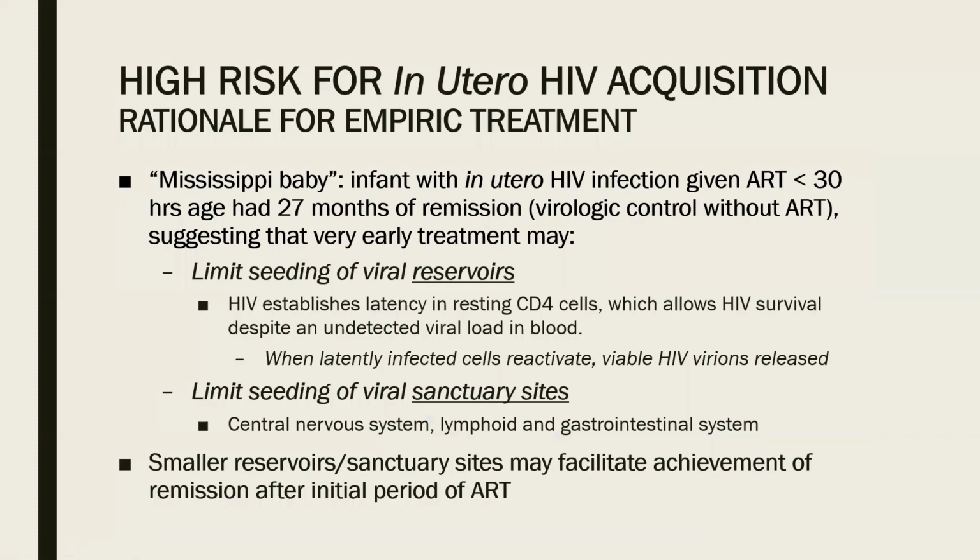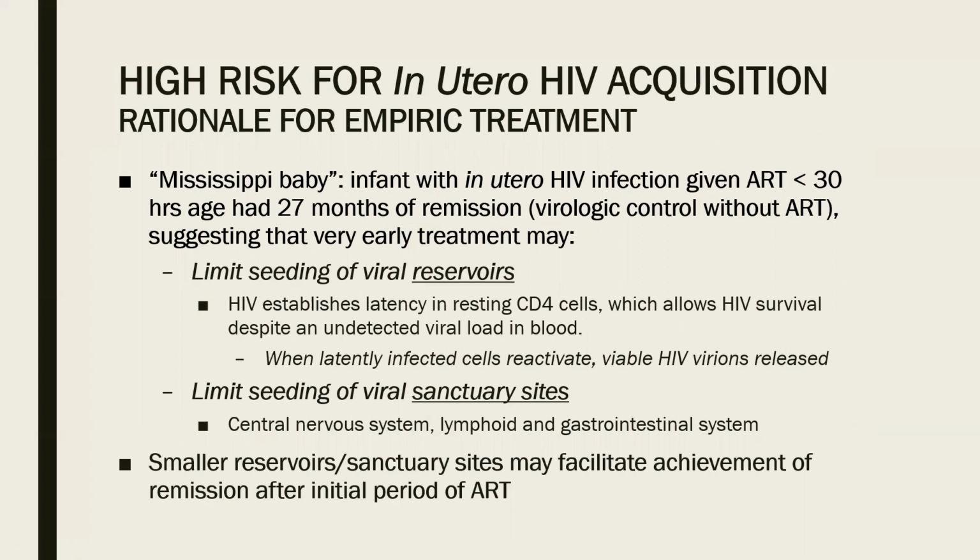Why also do we want to assess the high risk versus low risk? Well, there are certain rationales that we adhere to for empiric treatment, especially when you're worried about in utero HIV acquisition. Those infants are considered to be at highest risk. And if we look back to the Mississippi baby, we'll find that that particular infant had in utero HIV infection, but ART was started very early, within 30 hours of age, thereby limiting the seeding of viral reservoirs and limiting the seeding of viral sanctuary sites.